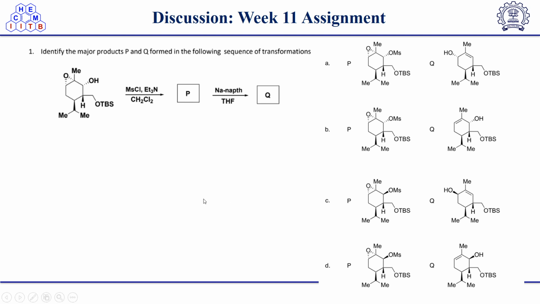Okay, so here what is happening? It is obvious that in the first step, when we treat this compound with mesyl chloride and triethylamine, this hydroxyl group will get protected and it will be OMs. It will get mesylated. Then in the next step with sodium naphthalide in THF, what is happening?